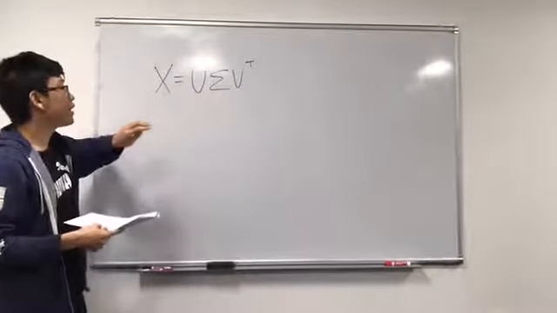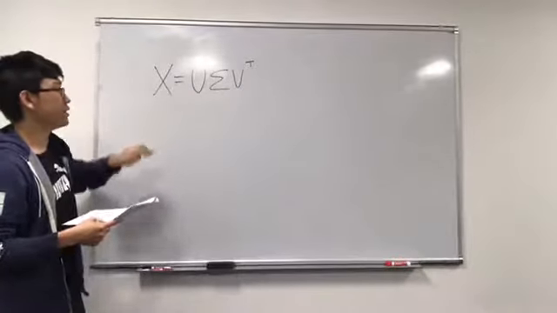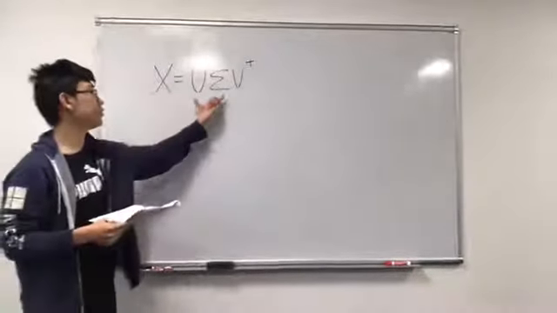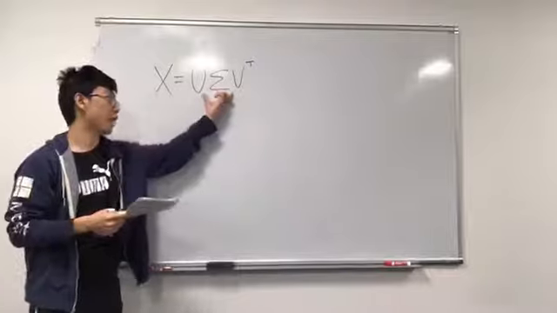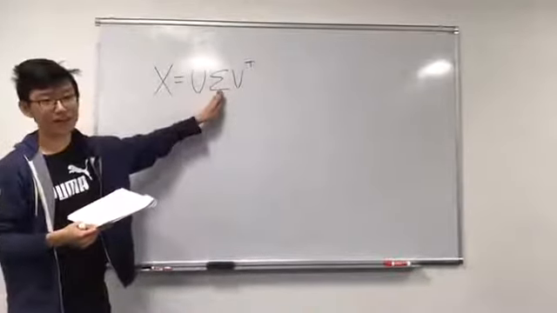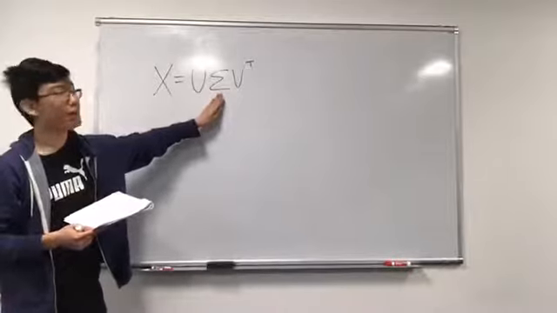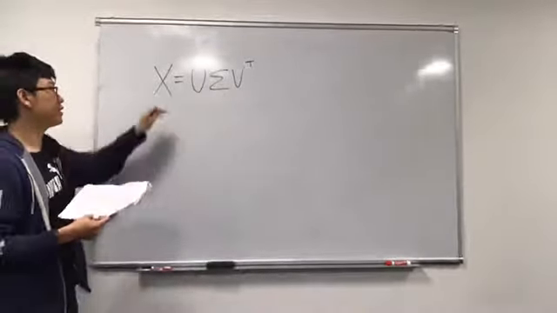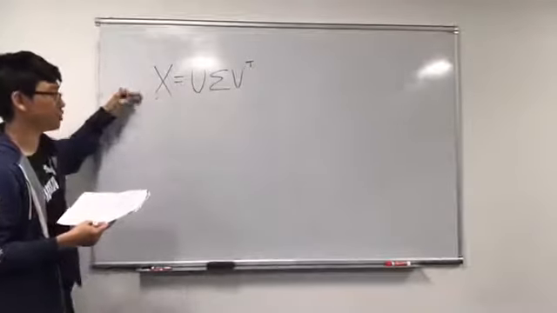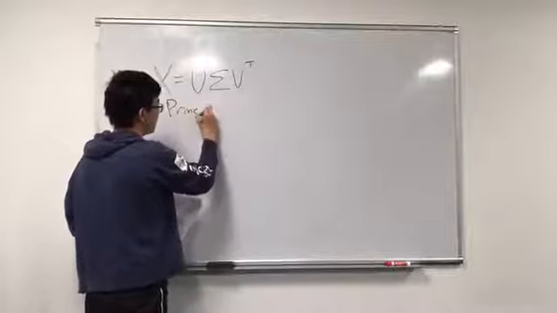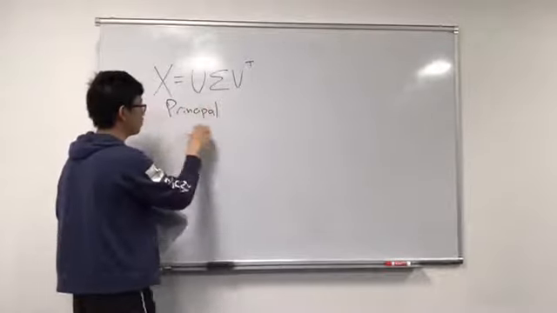In the case of a symmetric matrix, so if X is symmetric, U and V become identical and correspond to the eigenvectors, and the values in the diagonal correspond to the eigenvalues. And for example, for PCA, principal component analysis, the decomposition is unique under permutation.